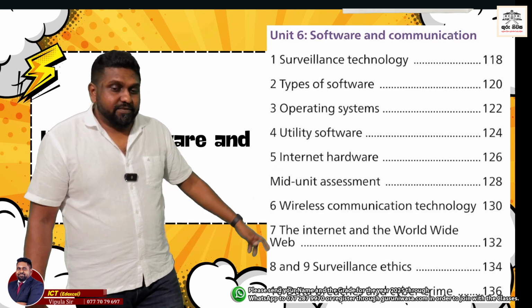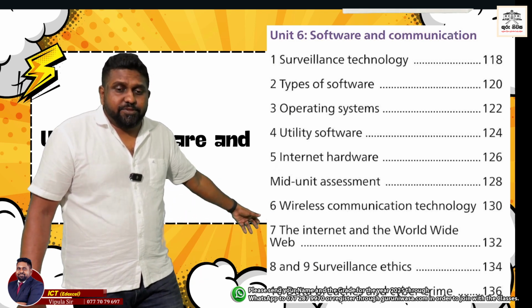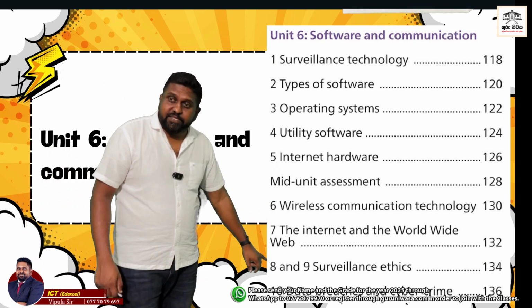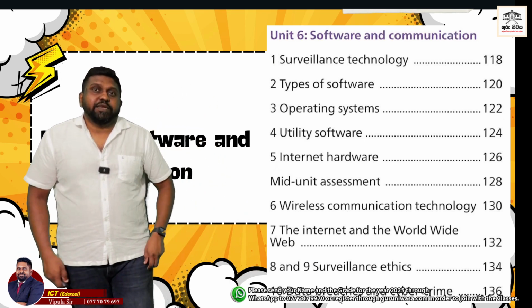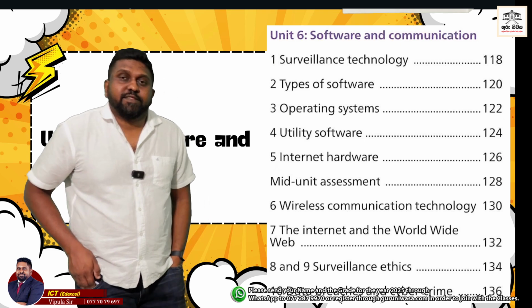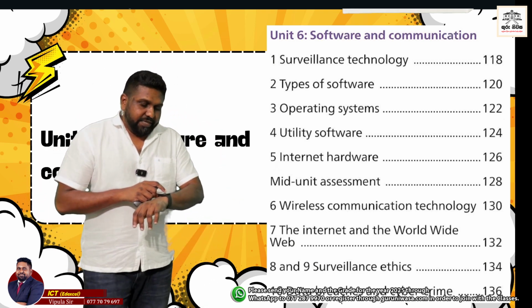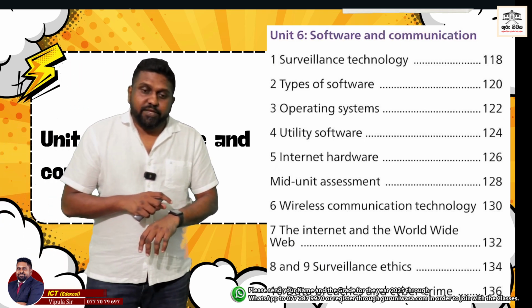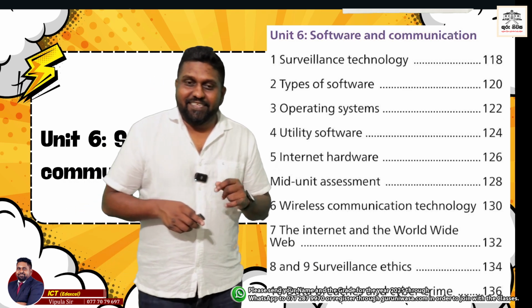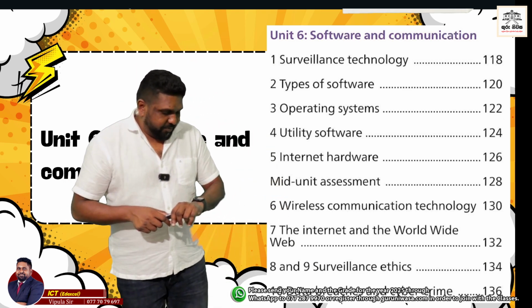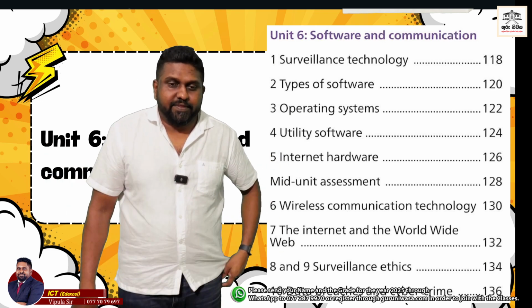And finally, we talk about surveillance, ethics, and also there's a certain point about data breaches and cybercrime. So this is about how you can protect your data, and how these applications and systems can be structured based on specific requirements to handle it. Okay, so that's the base point of everything. Okay, so that's about unit 6.